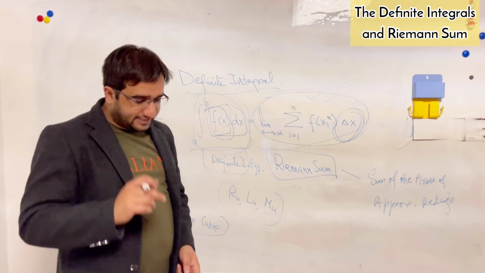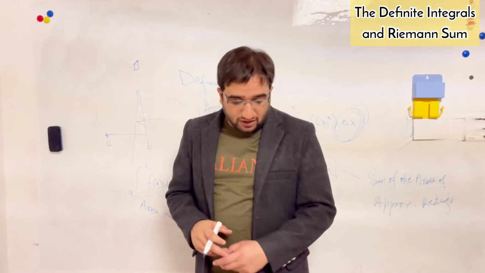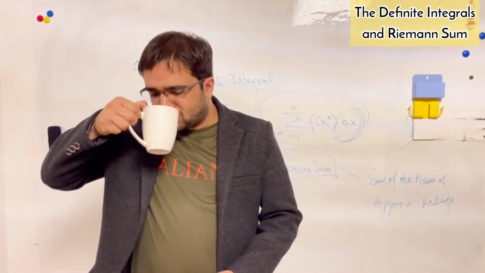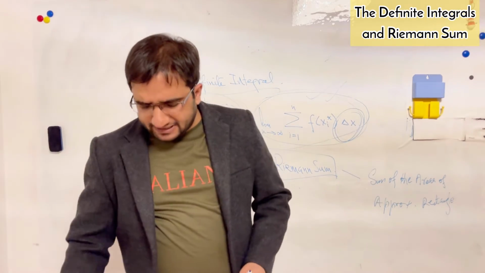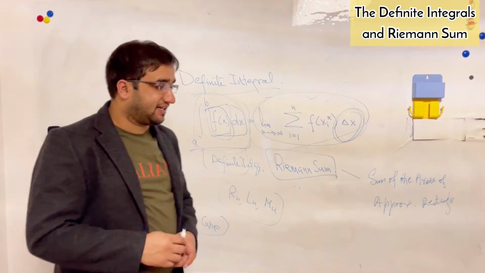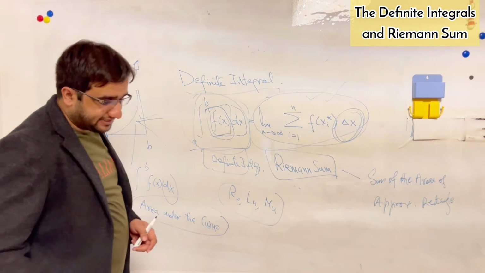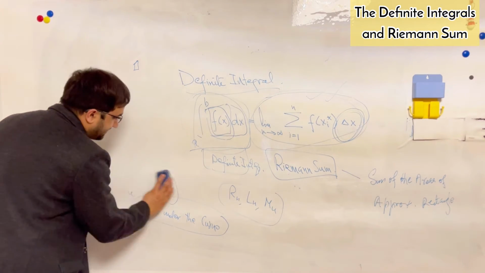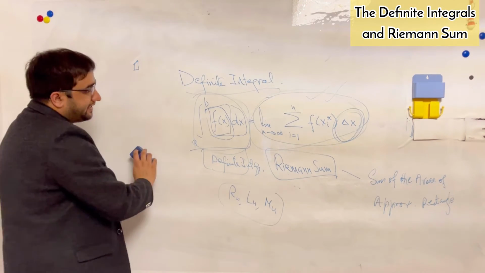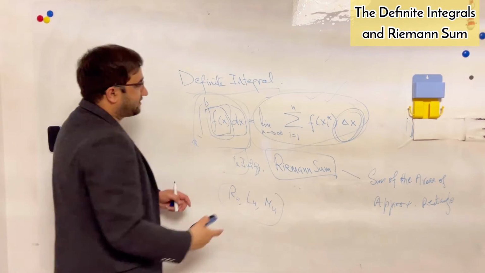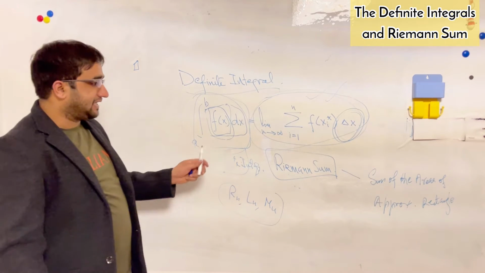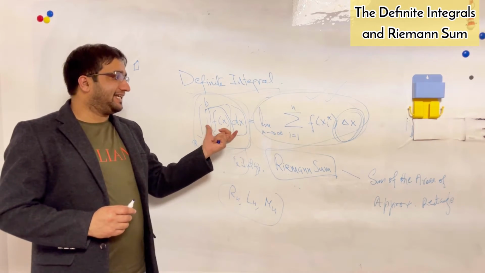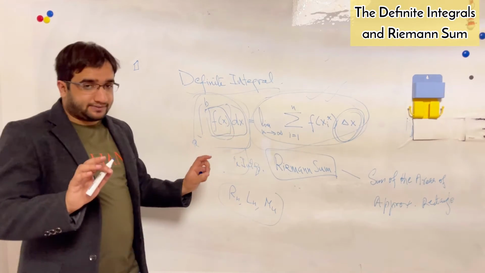Later on we will know how to calculate the definite integral directly using a formula, just like we were calculating derivatives. But still we are not at that stage. Still we will use the benefit of these to find the integral.